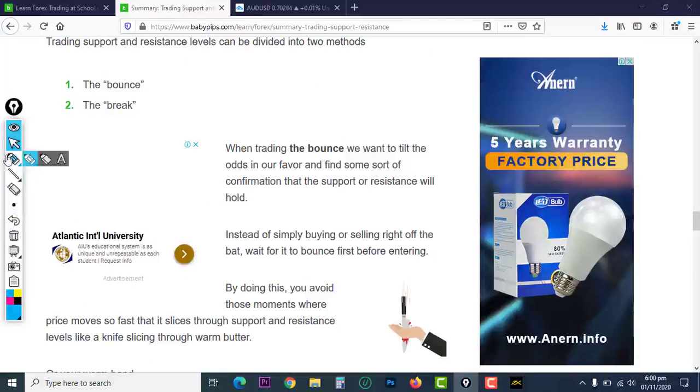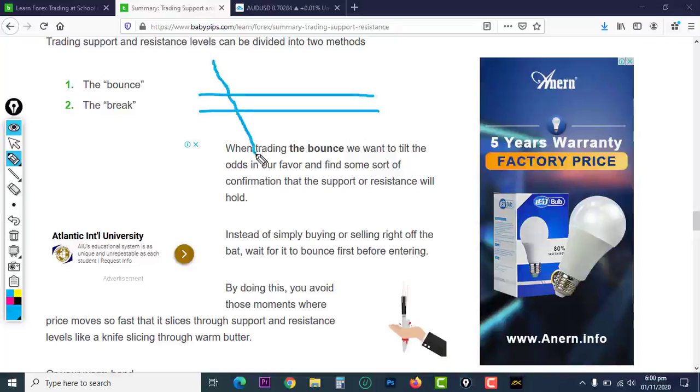Okay, if this is your support line, this is your support area, right? For instance, and price came and broke the support area, right? Wait for prices to come back up, fail to push up, and once price starts to push back down, that's when you enter into the market here, and you can put your stop loss right here.